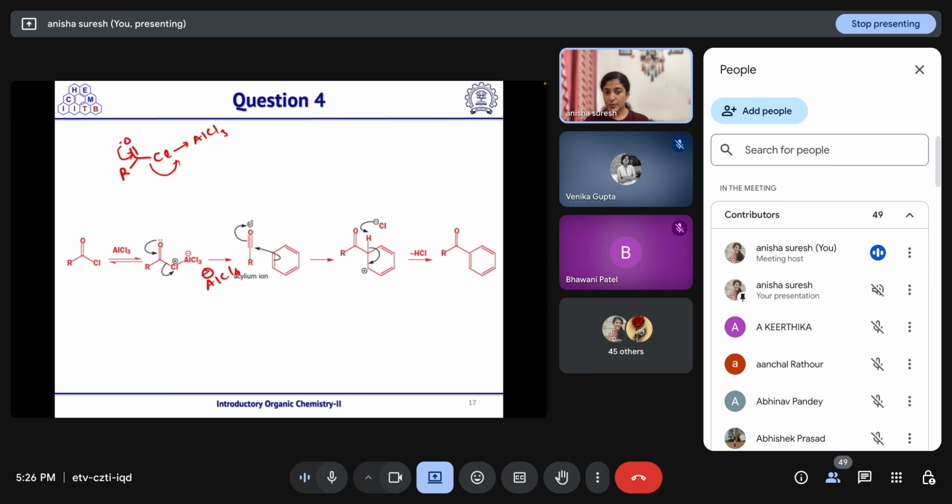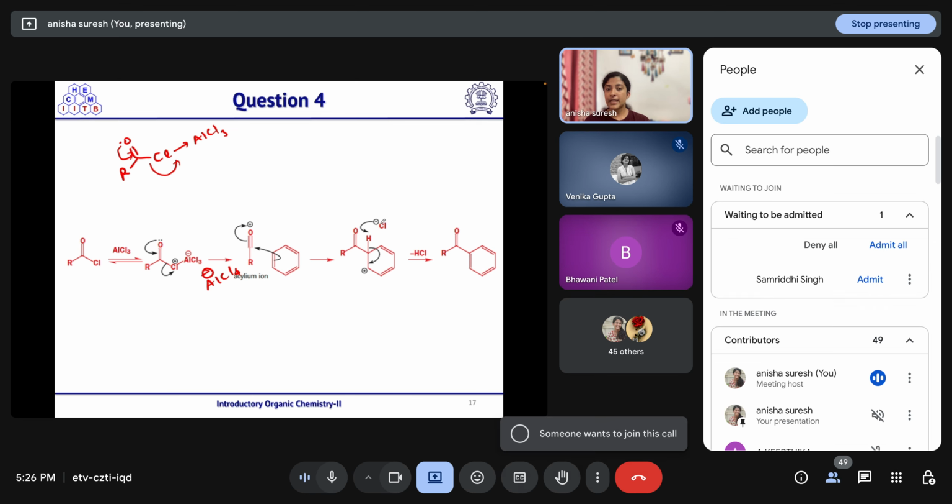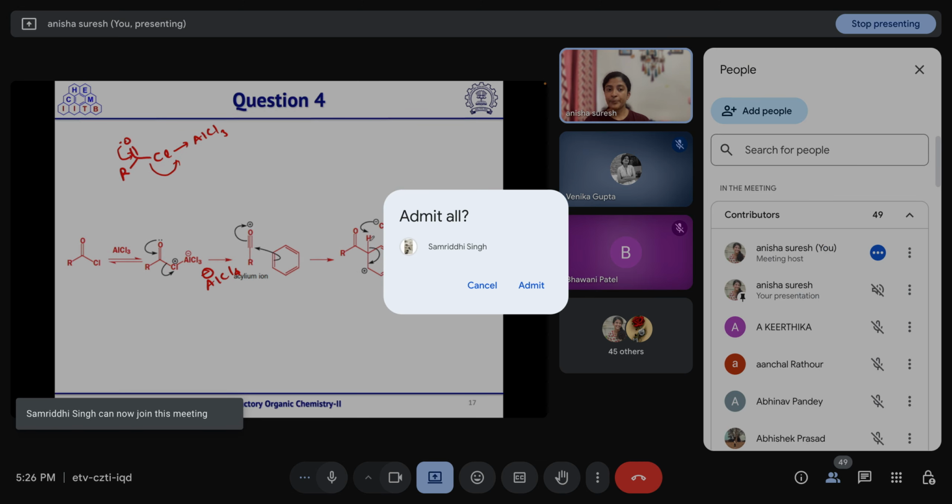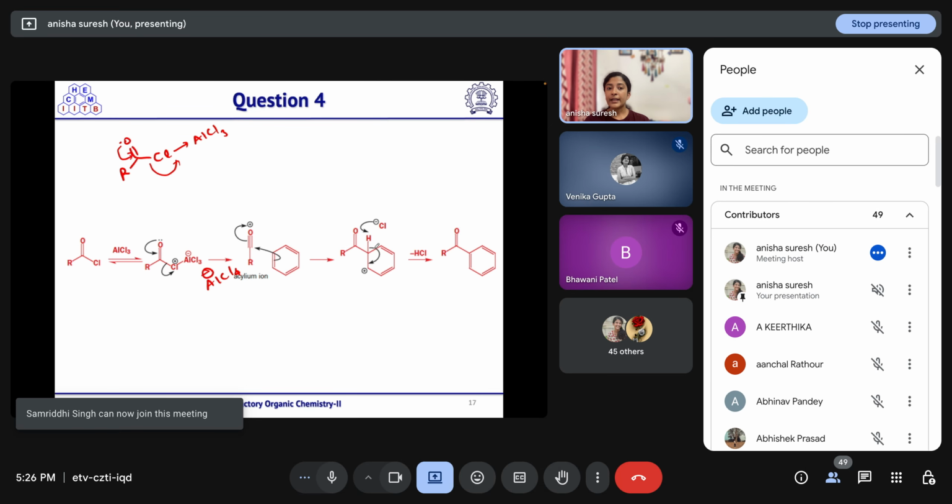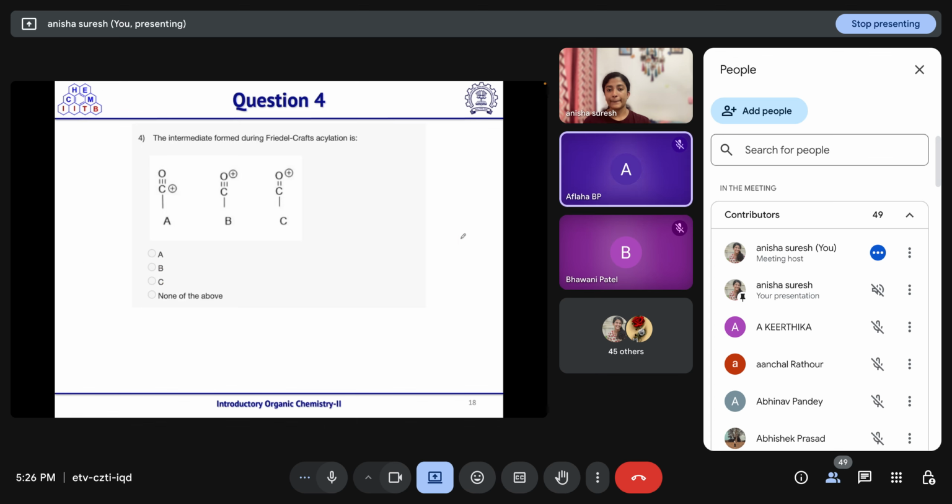The positive charge on oxygen is neutralized, forming this intermediate, and Cl can abstract the proton and neutralize the positive charge present in the ring, resulting in the formation of the acylated benzene ring. Clear? Yes, ma'am. Okay. So option B is the right answer in this case.